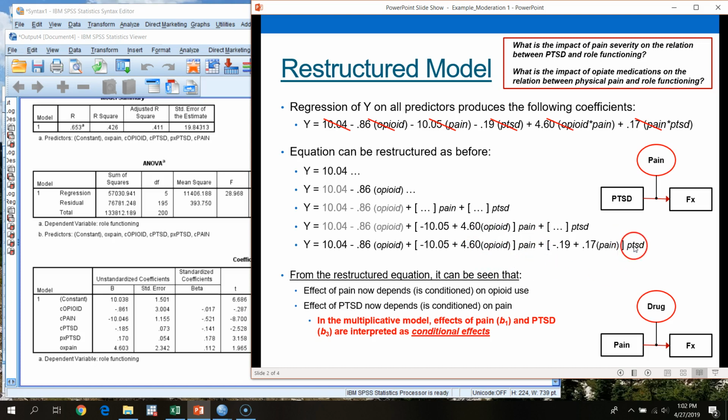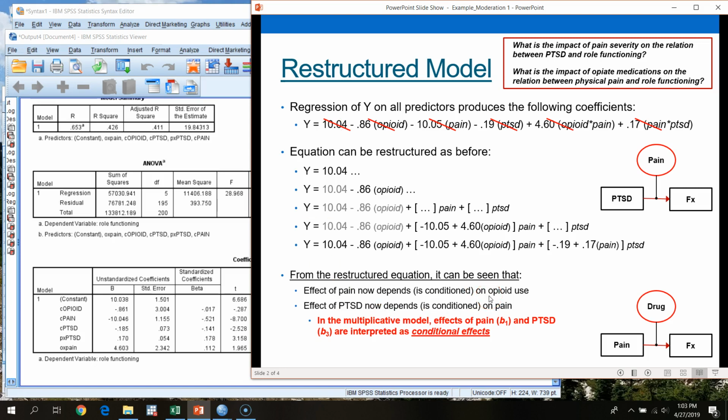Same thing for my conditional effect of PTSD: my effect of PTSD on role functioning is dependent on pain. Depending on what value for pain I include here, it's going to change the value of this coefficient. So pain is conditioned on opiate use, and PTSD is conditioned on pain. If I were to multiply this model back out, I would get what I started with. Always a good double check on whether you've done this correctly.